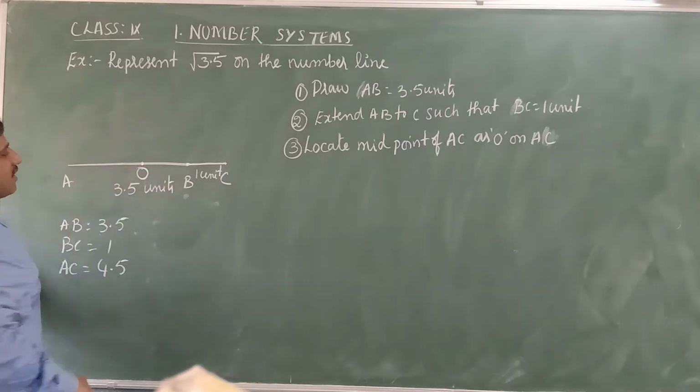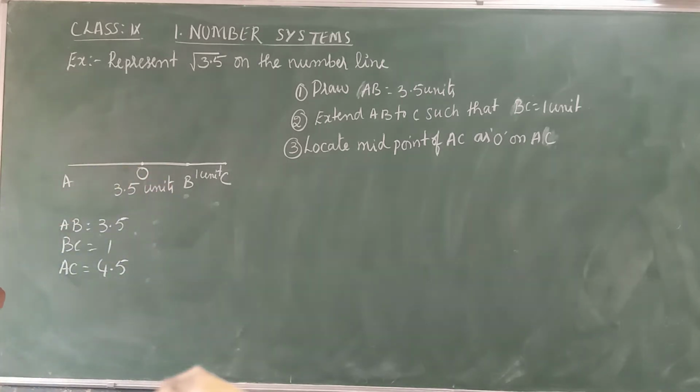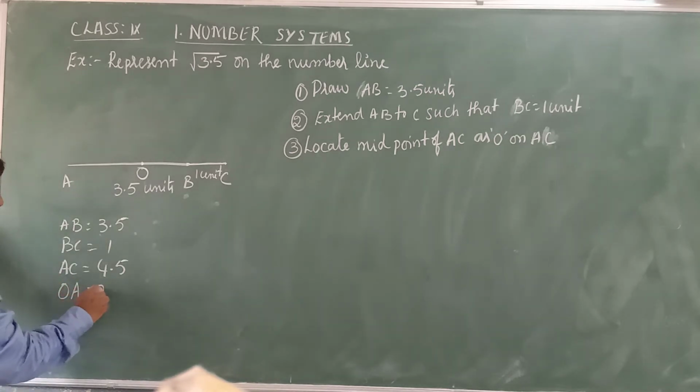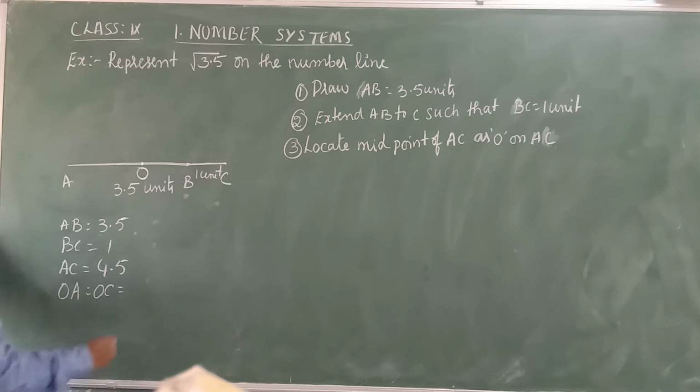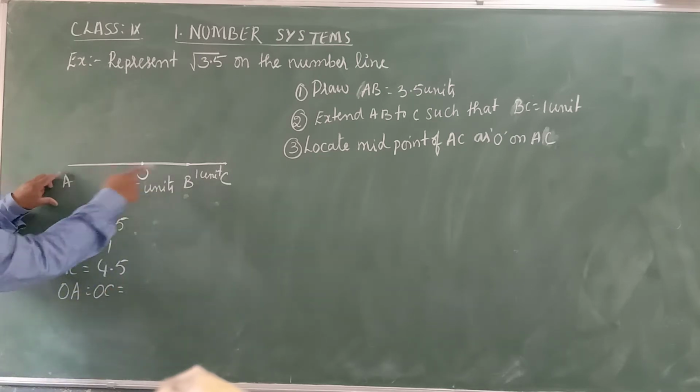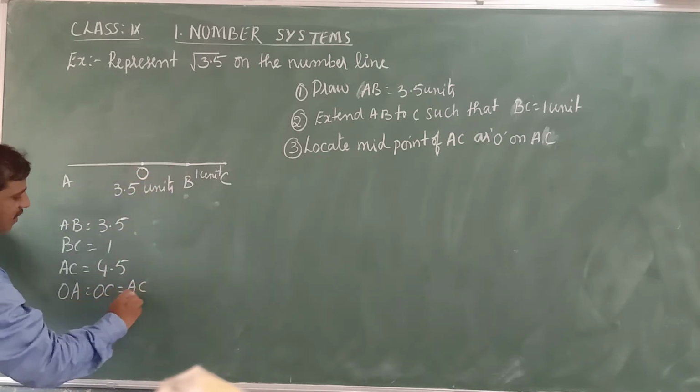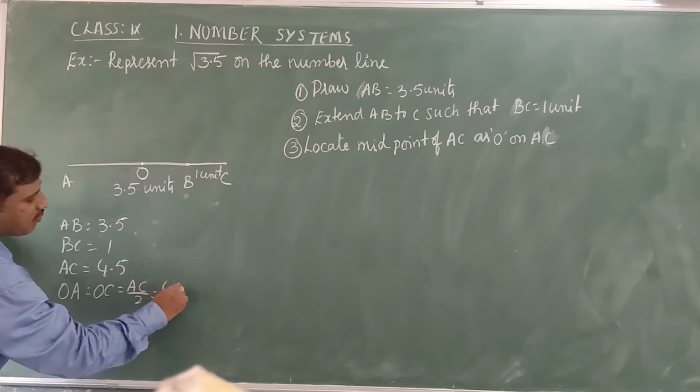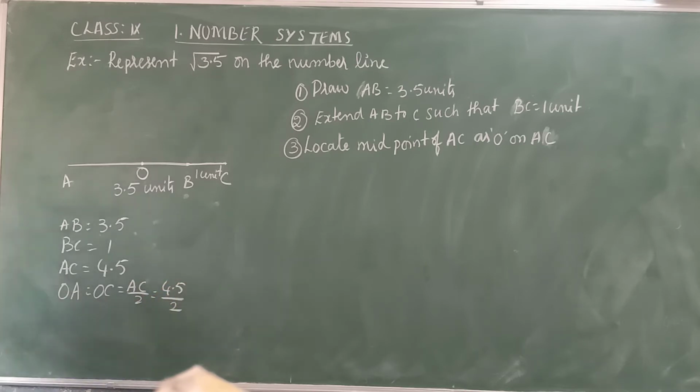Let this point O be the midpoint. Now OA is equal to OC, which is half of AC, that is 4.5 by 2. So OA is equal to OC, which is 4.5 by 2 units.